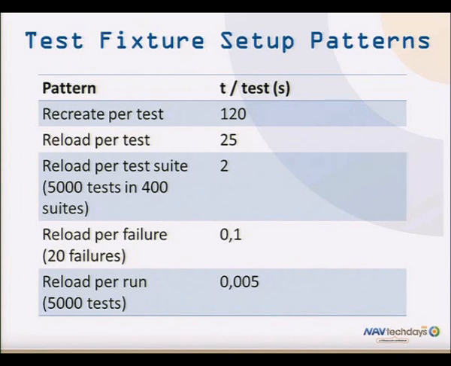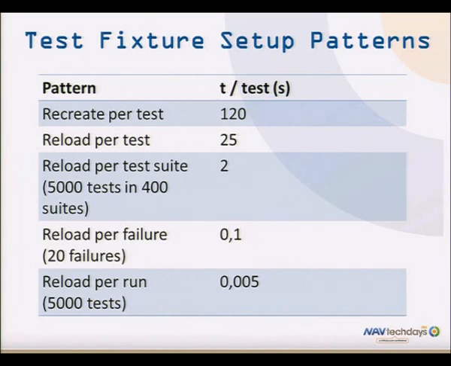And in a typical run, we had 20 cases where a test needed to be rerun in order to check whether a failure was real or not. And when you calculate the average execution restore time per test, it was only 1/10 of a second.